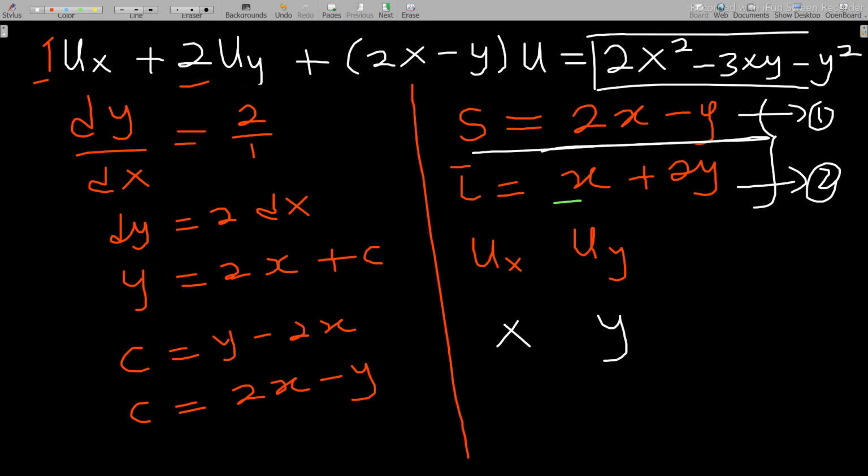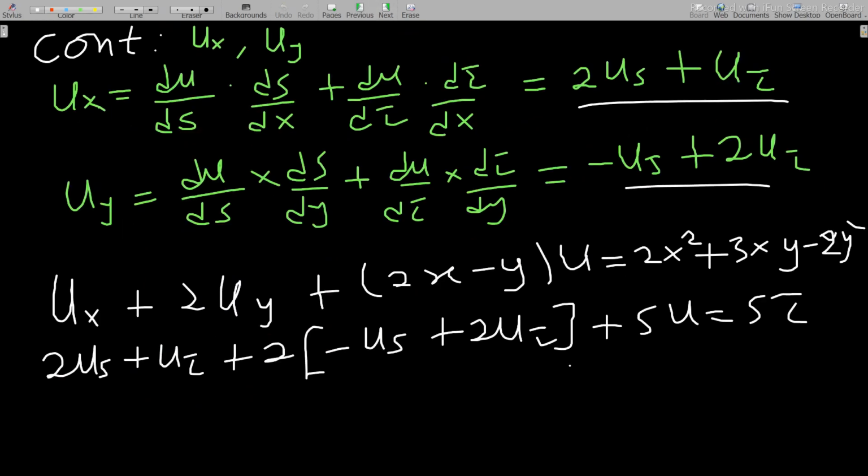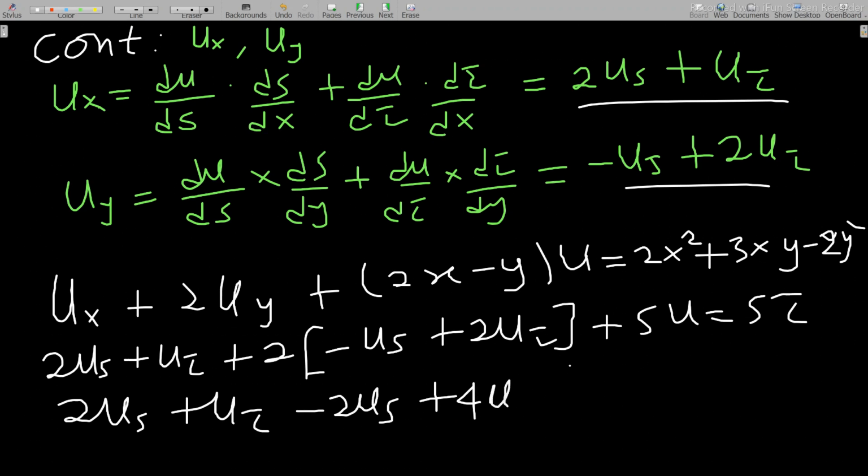Okay, but you can see that if I multiply these two, I'll get something like 2x squared plus 3xy minus 2y squared, and it means that the product of s and tau will give me that, and it means we are changing the whole of this PDE to s and tau. Okay, so now I have 2us plus u tau minus 2us plus 4u tau plus su equals s tau.